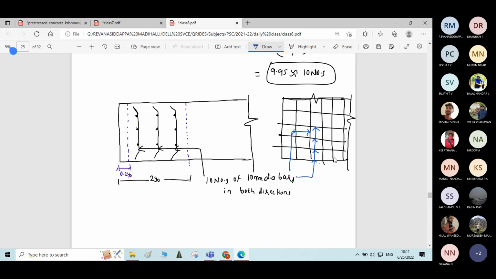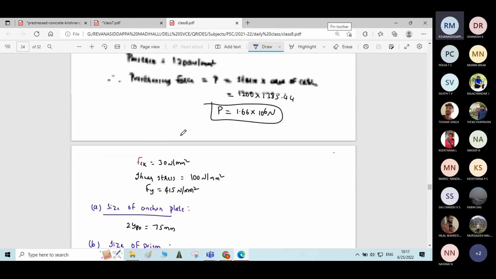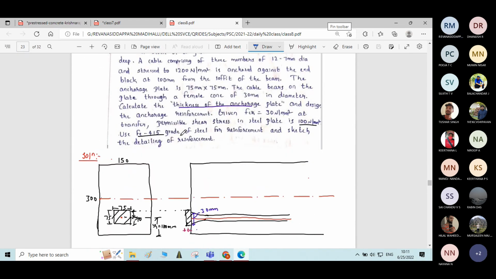This is how we can write the reinforcement details. Now we have designed the reinforcement. Design of anchorage reinforcement is over.